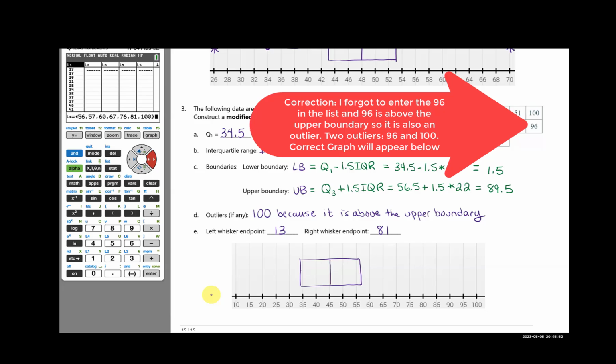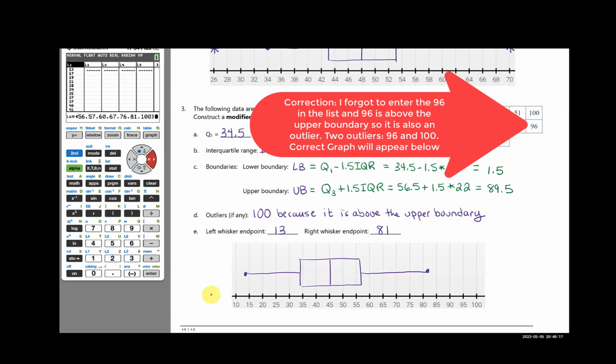45. Actually, we have another box that appears symmetric here. And then let's get some whiskers going. So the left whisker is at 13. My right whisker is at 81. Still appears reasonably symmetric.